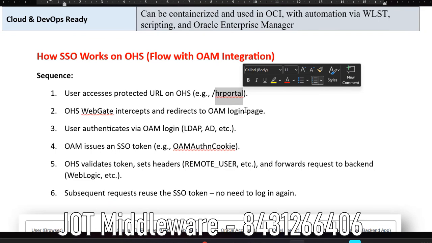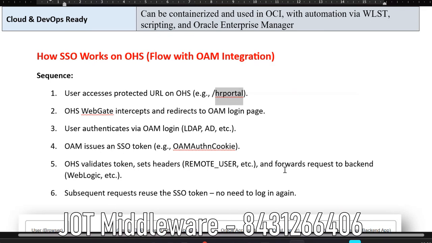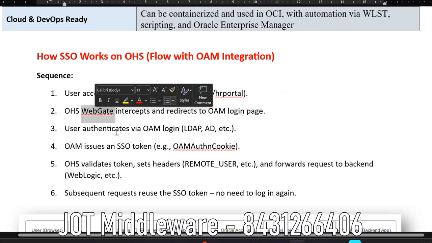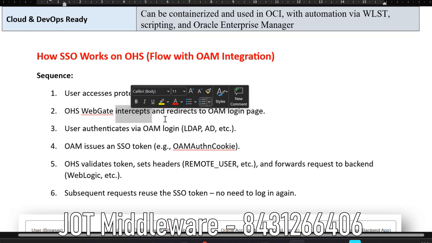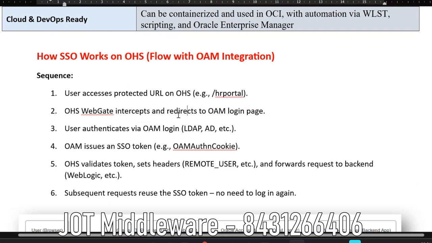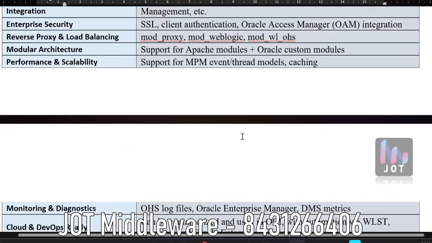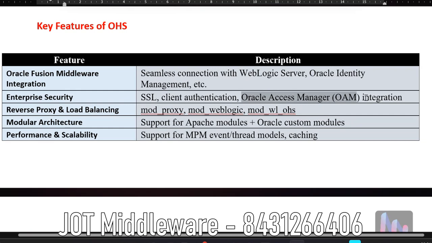The user wants to access an application, the HR portal. Here there is another product, OHS WebGate. It intercepts the request and redirects it to the OAM login page. What is OAM? It is Oracle Access Manager.